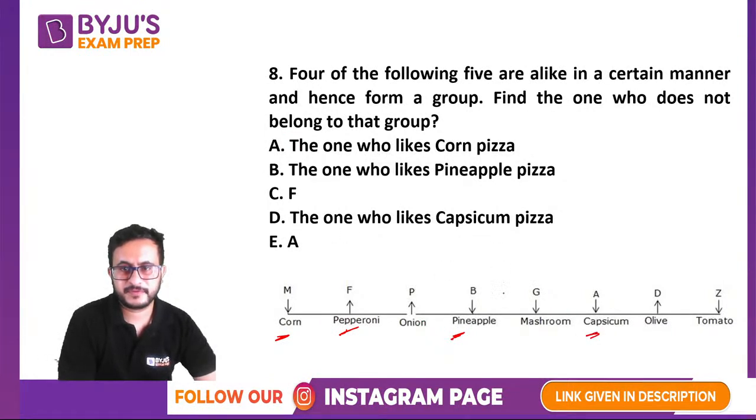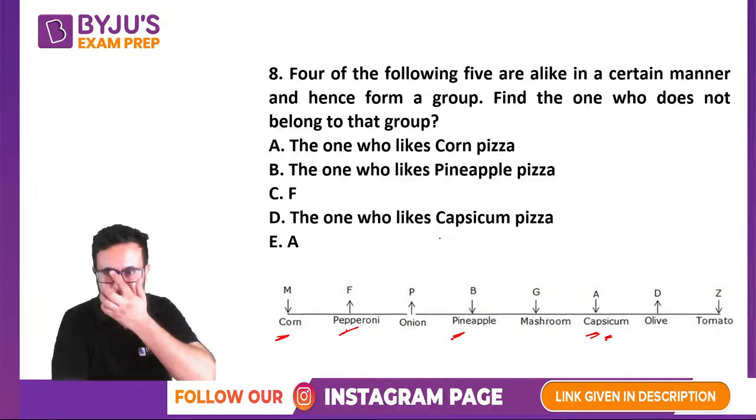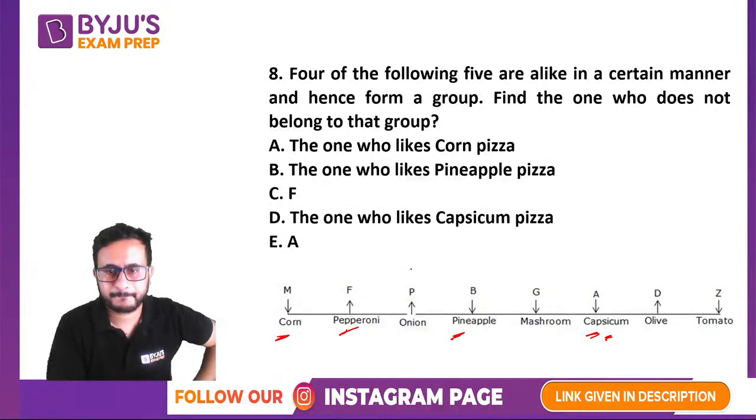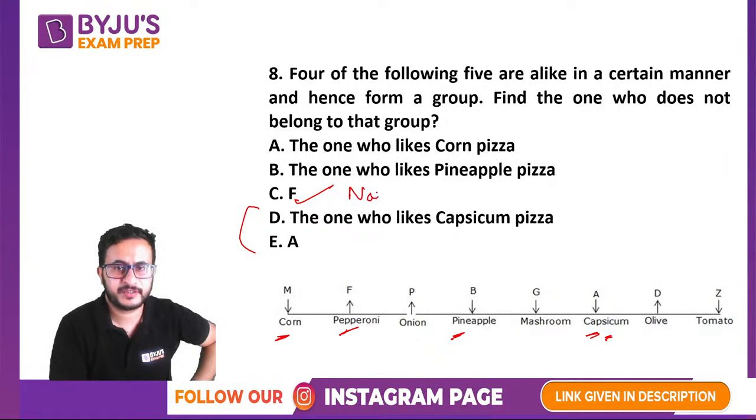Then we have A. That is one and the same person. So these two options are one and the same person. That should have given someone else. Okay, so odd one out would be F because all others are facing south, right? All others are facing south. F is facing north.